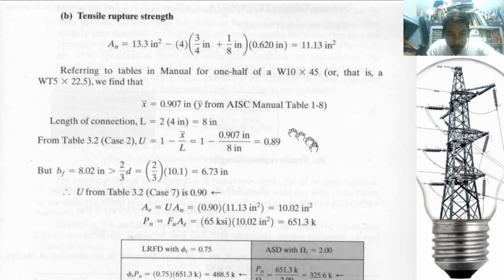And since this is the value of U, but as you can see, 8.02 is the value of the flange width, and 2/3 D. Put up this expression and compare with our flange width.